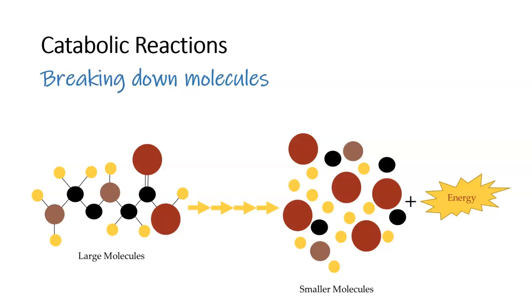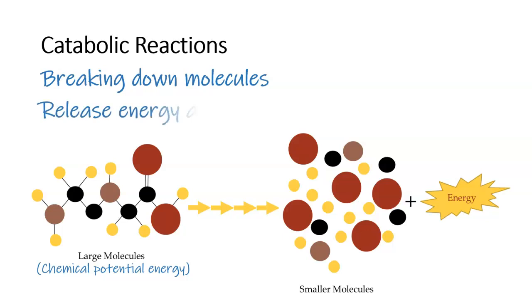Energy that is stored within the chemical bonds of our large organic molecules is called chemical potential energy. Catabolic reactions release this energy and use it to make ATP. ATP is the energy currency of the cell.